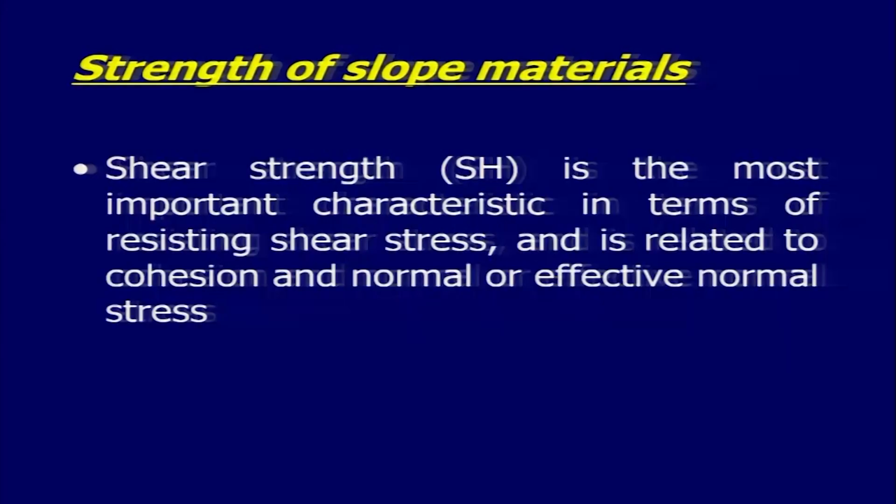So shear strength of slope material is the most important characteristic in terms of resisting shear stress, and is related to cohesion, because sand is cohesionless. So it will depend on the cohesion, and the normal or the effective stress will also get affected.